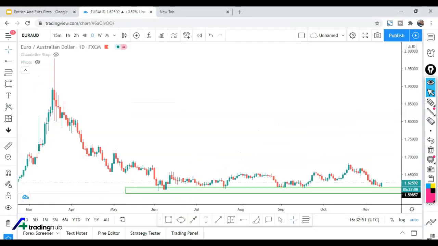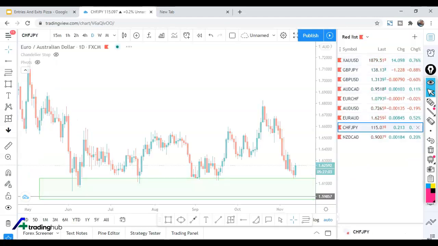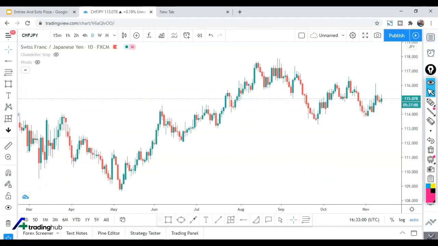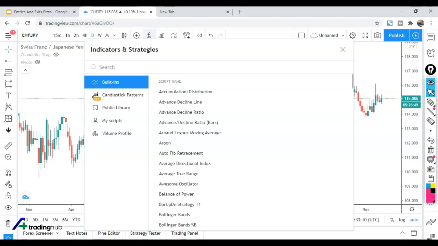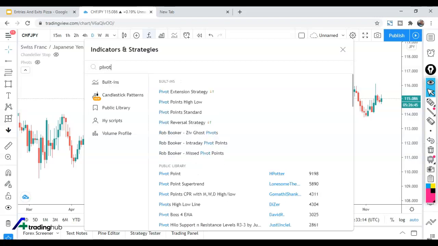For example, we are going to use Swiss francs JPY. So this is the Swiss francs JPY chart, and this is the pivot tool. If you want to pull out the pivot tool on your TradingView, just come here and type pivot, and that is it.